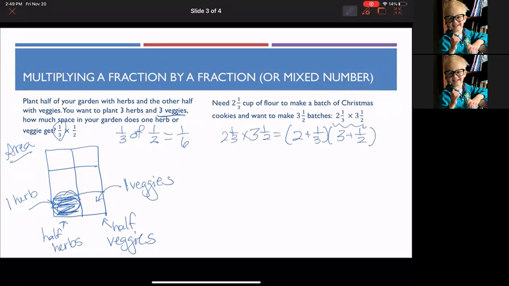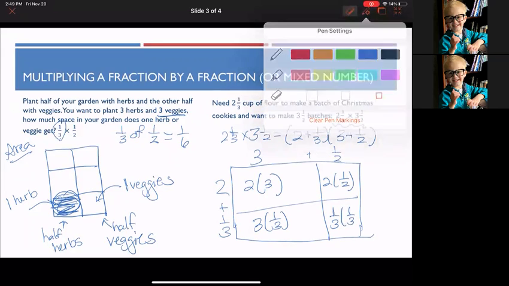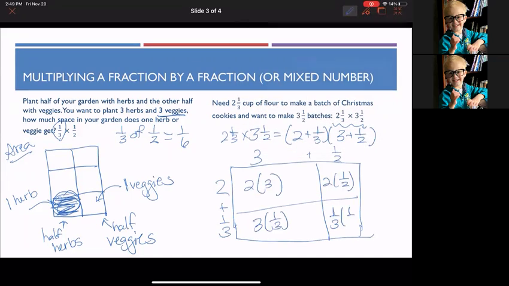Each of these fractions actually has an addition problem inside of it. So again, we can think about it as an area or an open array: 2 plus 1/3, and then 3 plus 1/2, and we can do this multiplication. And again, there is a virtual manipulative in your asynchronous Nearpod for you to check out, with overlapping areas in this instance.